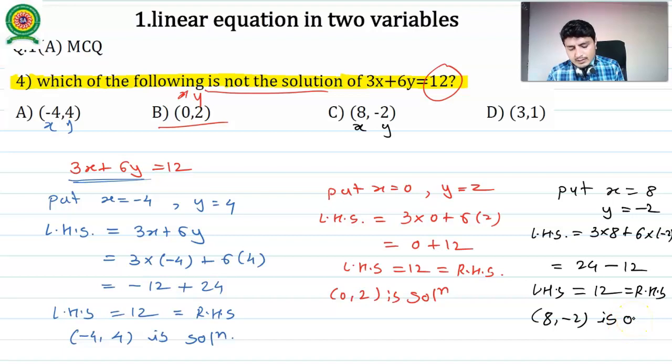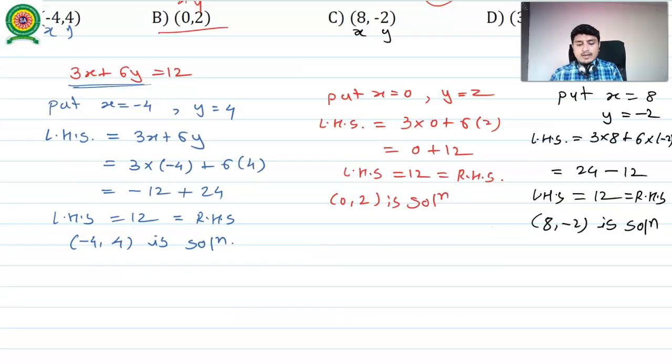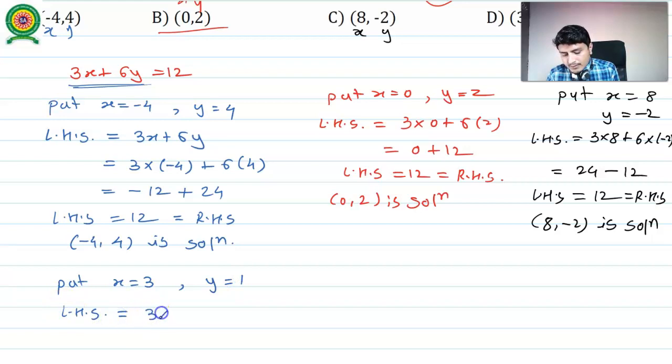Now let's try to check for the last point. That is the last option, we have (3, 1). So let us try to put for now x equals 3 and y equals 1. So that we are getting LHS of the form 3 into 3 plus 6 into 1. 3 3s are 9, 6 1s are 6, 9 plus 6 is 15, that is not equal to the RHS.